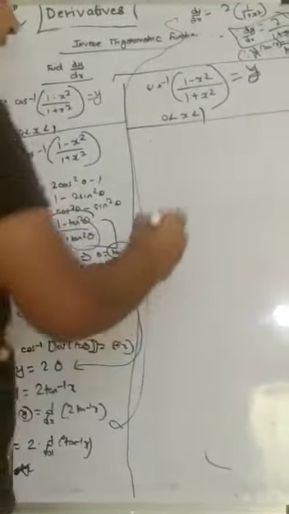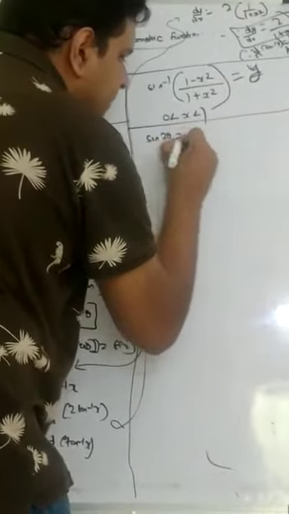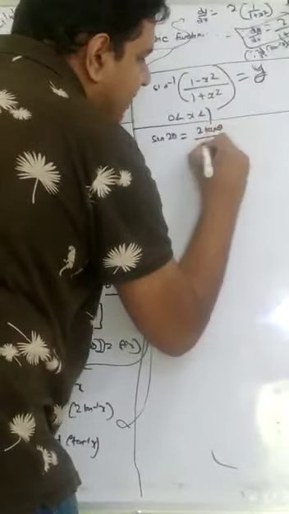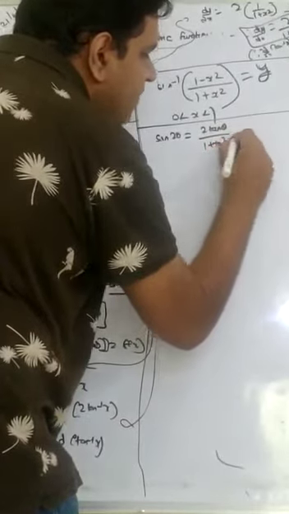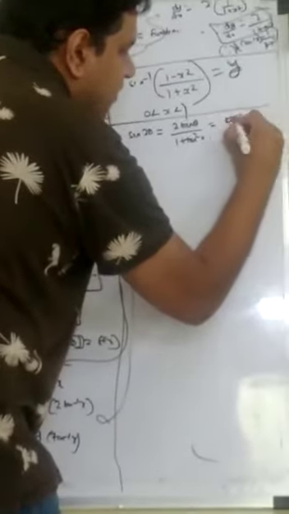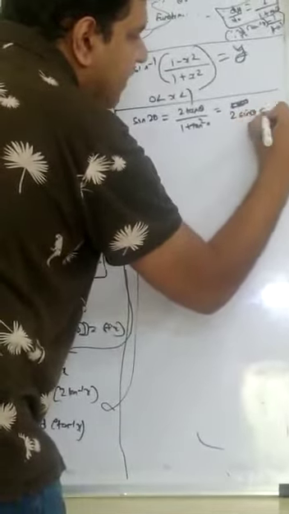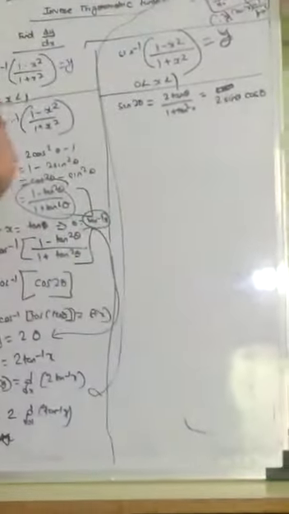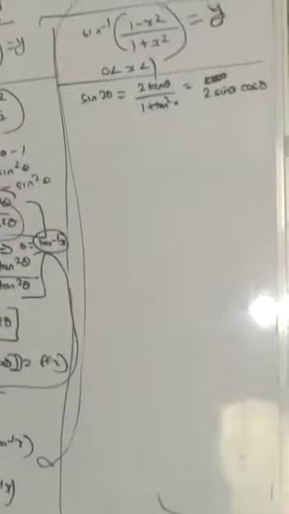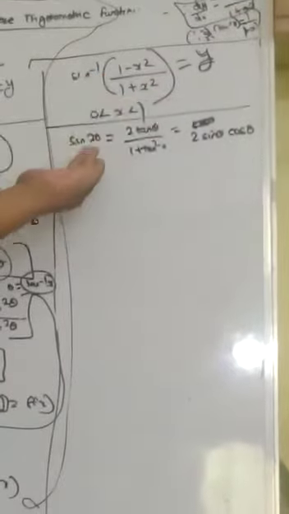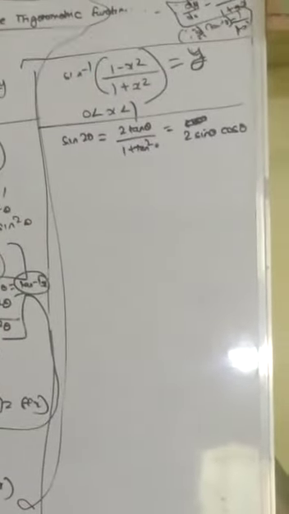Now, guys, I know for a fact that sin 2 theta is equal to 2 tan theta upon 1 plus tan square theta, and it is also equal to 2 sin theta cos theta. Nowhere do both of them resemble (1 minus x square) upon (1 plus x square).